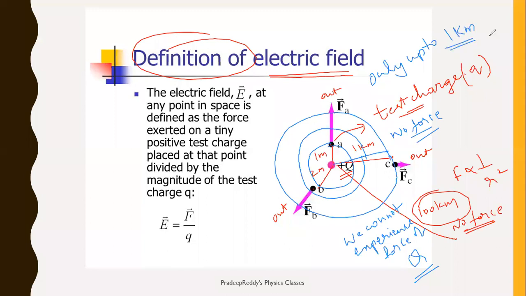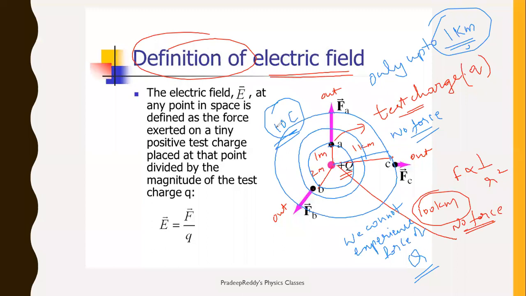Why is it only up to 1 kilometer? Say this plus Q charge has only a certain range. For example, if this plus Q charge has 10 coulomb, the range is up to 1 kilometer. I am just giving you an example. So a test charge can experience force up to 1 kilometer.